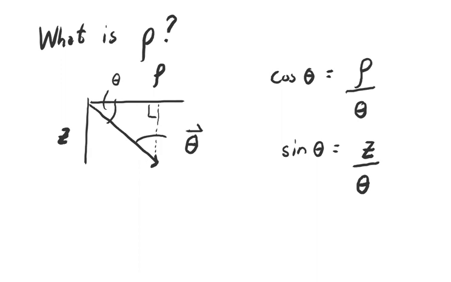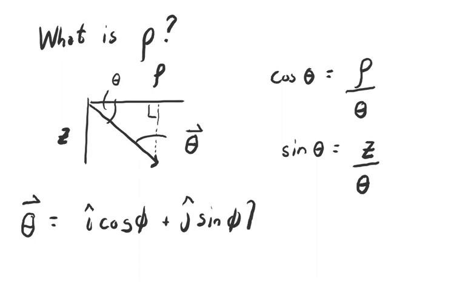So I'm set. Theta is now i hat cosine phi plus j hat sine phi times rho, but I know what rho is.